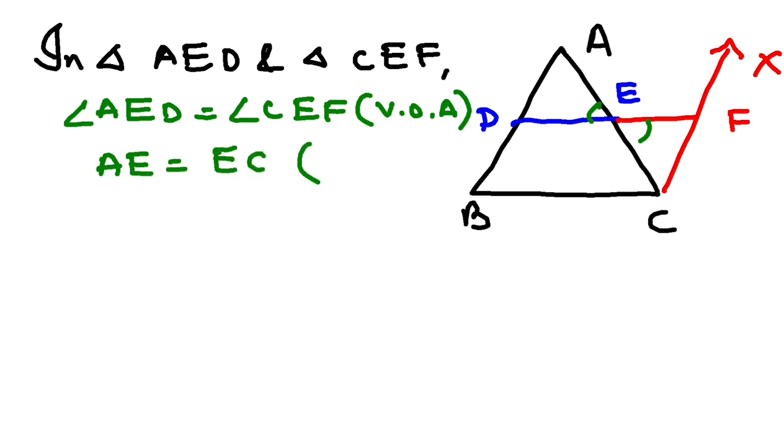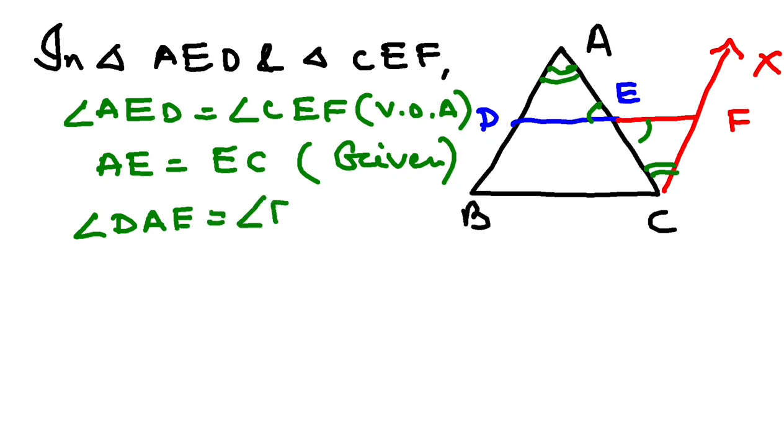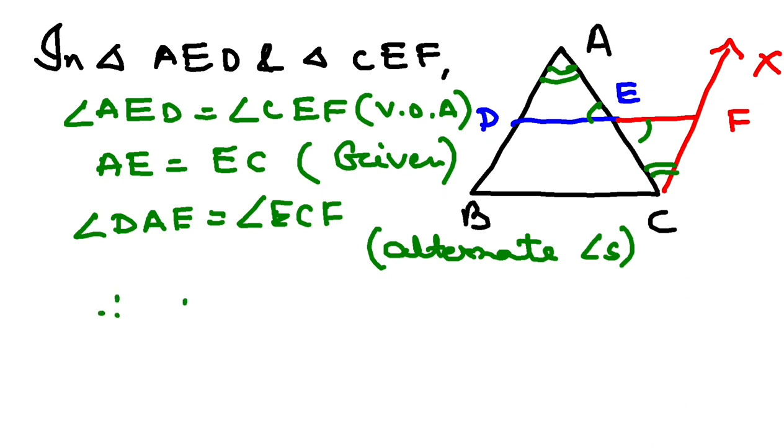Why? It's given because E is the midpoint, isn't it? Okay, and we'll have this angle equal to this angle. Why? I have angle DAE equal to angle ECF. They are alternate angles because BA and CX are parallel. So these two triangles ADE and CEF are congruent by, as you can see over here, angle side angle.